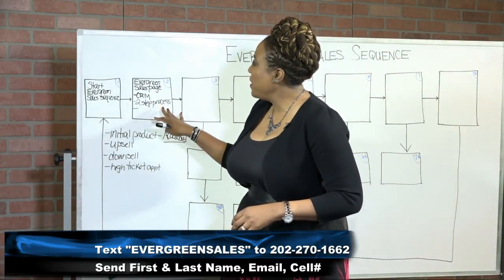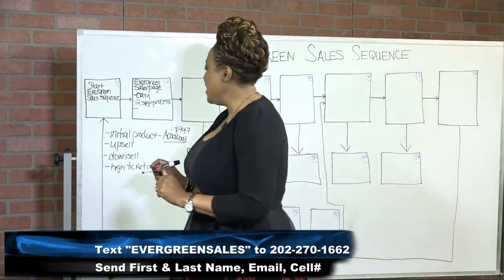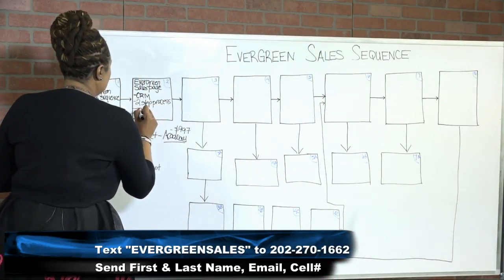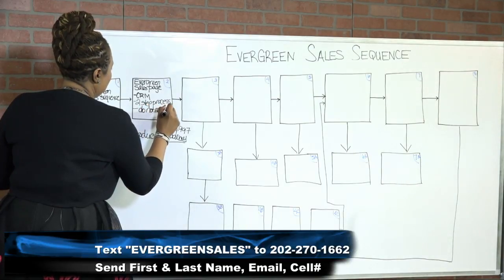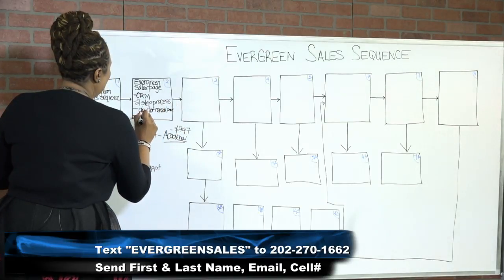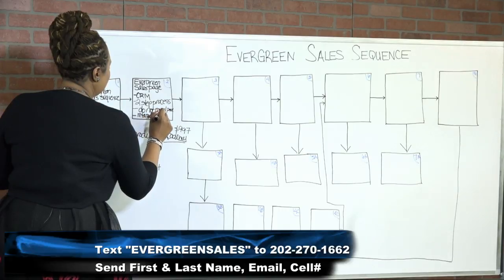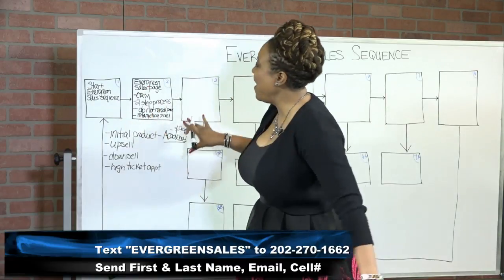So we have that going on, and we do not reveal the price on here. My boxes are small. We also will have our retargeting pixel, and I'll talk about that in a second. So there are a lot of things going on this page.